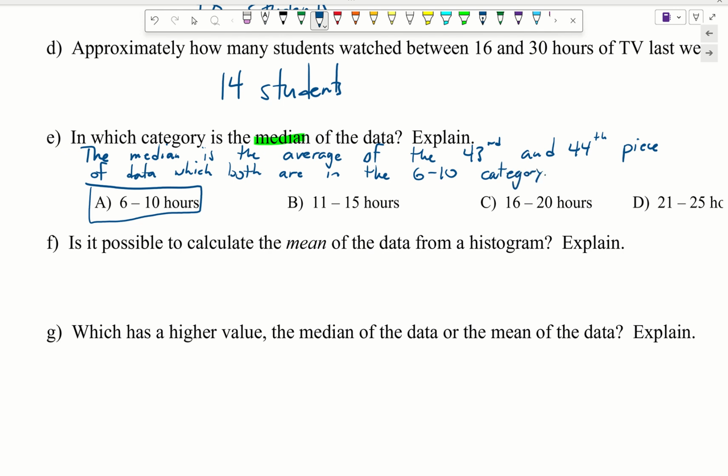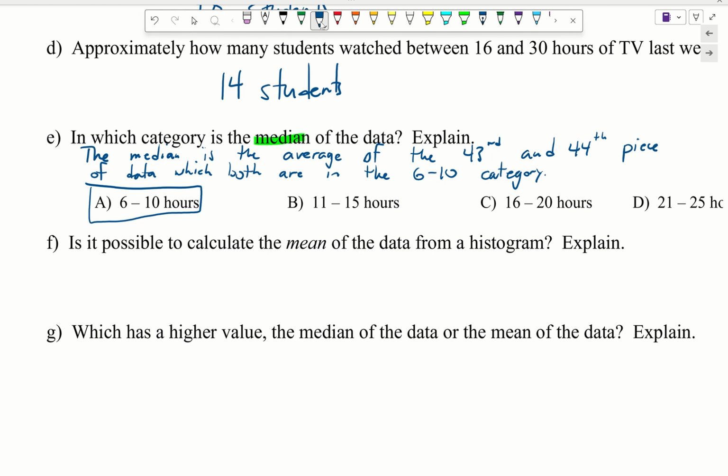So again, it's just important to remember when we're talking about medians, if there's an even number of data, it's between 2 numbers. If there's an odd amount of data, there will be a single term in the middle.